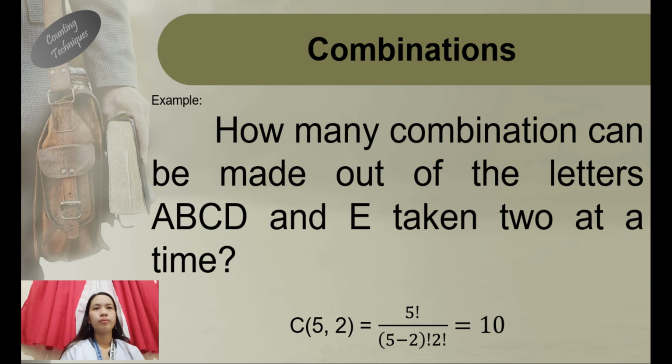So, the combination of 5 different letters taken 2 at a time is equal to 5 factorial, because we have 5 letters here, divided by the quantity of 5 minus 2 factorial times 2 factorial. Take note that we have to first subtract the numbers inside the parentheses.